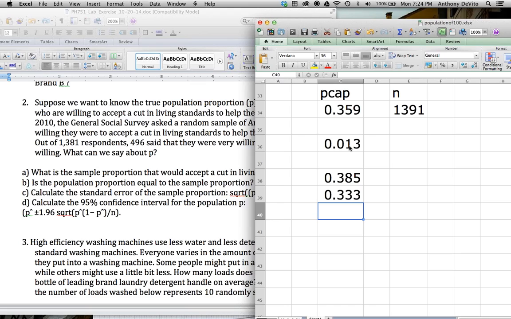Okay? So we can do the same thing with a proportion that we did with a sample mean. We can bracket it and tell what our level of certainty is when we take a survey that involves a proportion.